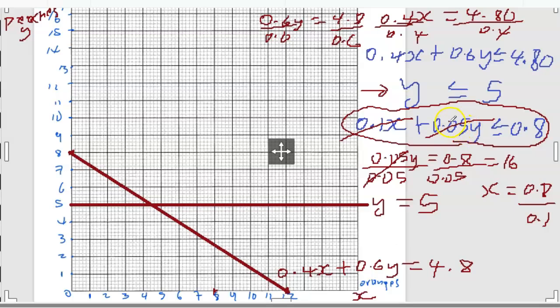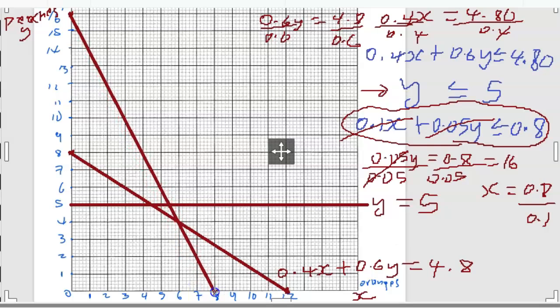That's 16. So the graph cuts the y-axis at 16, the x-axis at 8. So we connect both points and we have our line.